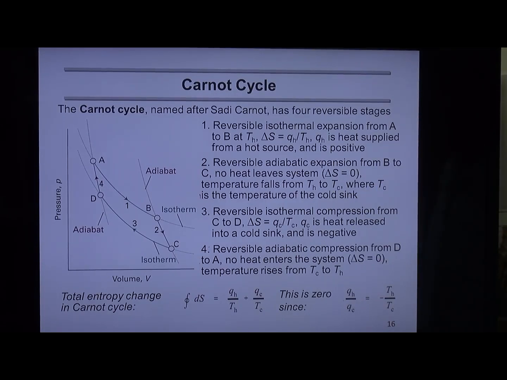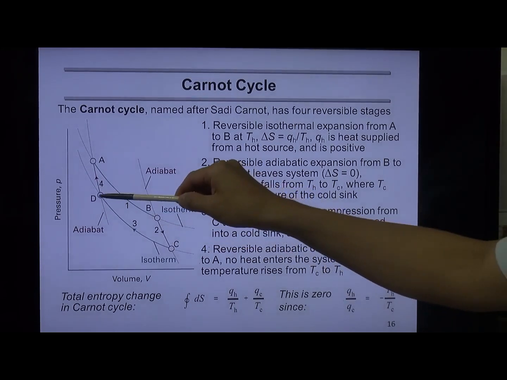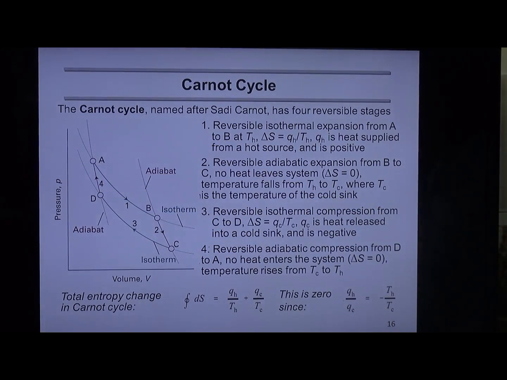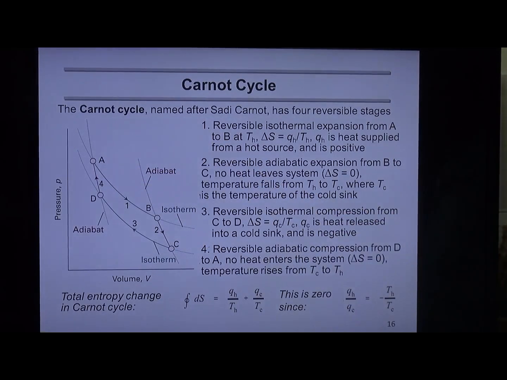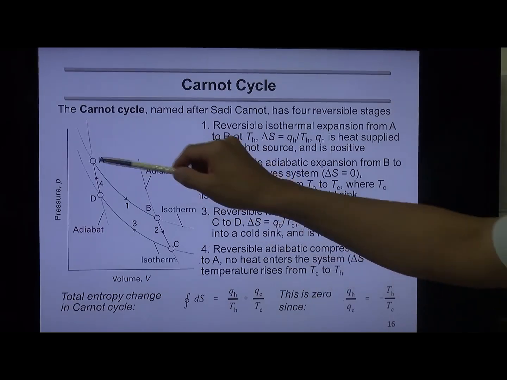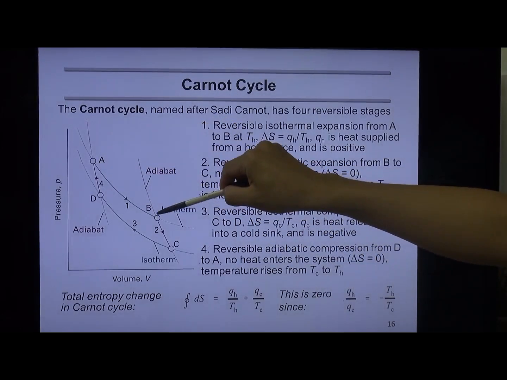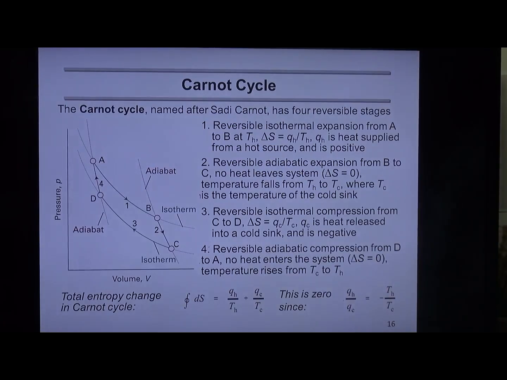For an adiabatic expansion and an adiabatic compression, for both of them, Q is 0, which means that delta S is 0. So we don't need to care about these 2 processes for the calculation of entropy change. Okay? All we need to calculate is the entropy change during the 2 isothermal processes, expansion and compression. Okay.